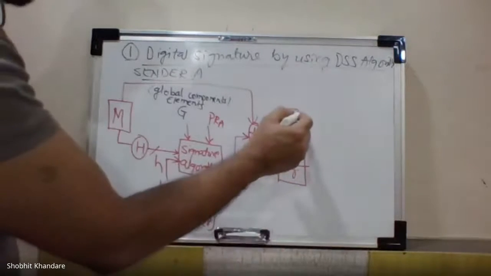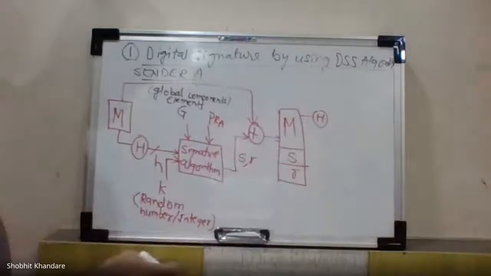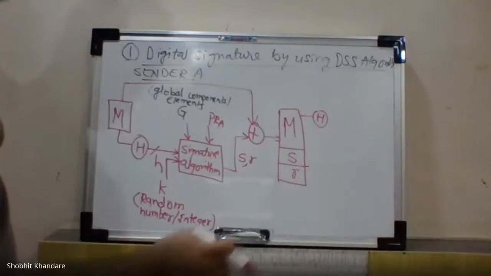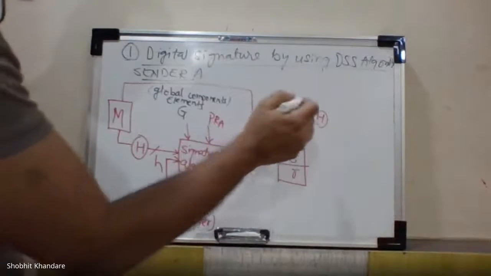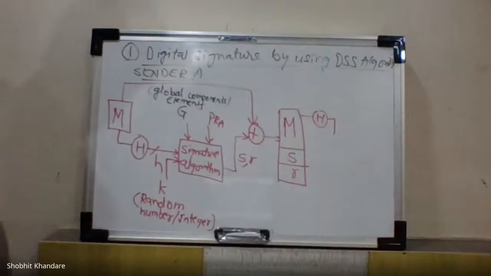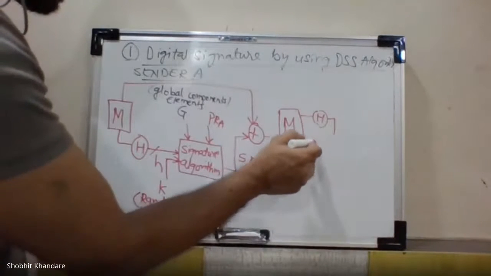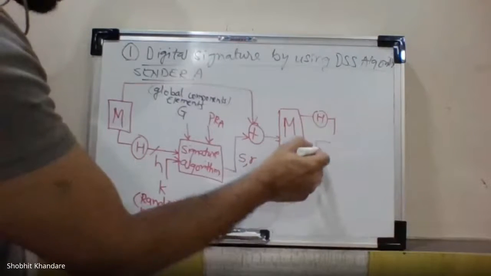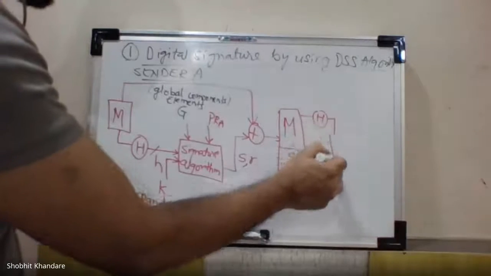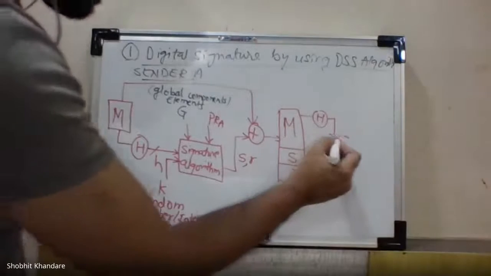Now we are using the hash function on the plain text message. This hash function output, along with s and r, is given to the verification algorithm.